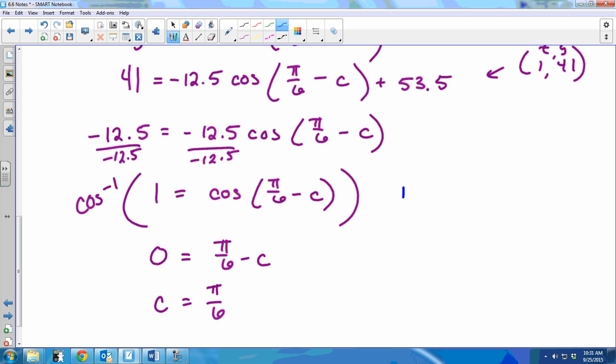Again, you also could have done 1 equals cosine of pi over 6 minus the cosine of c. The cosine of pi over 6 is an actual number, so you could have gotten that and subtracted that from 1, and then divided by negative 1, and then taken the inverse. So you could have done it that way.